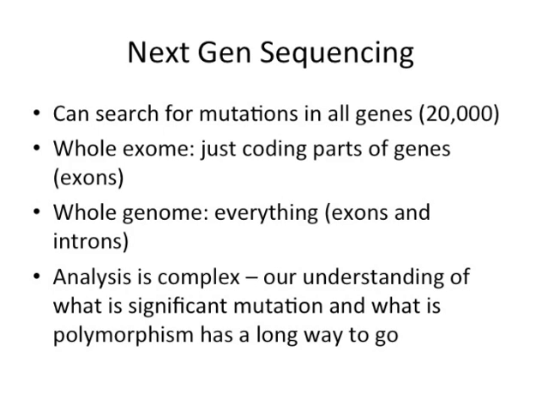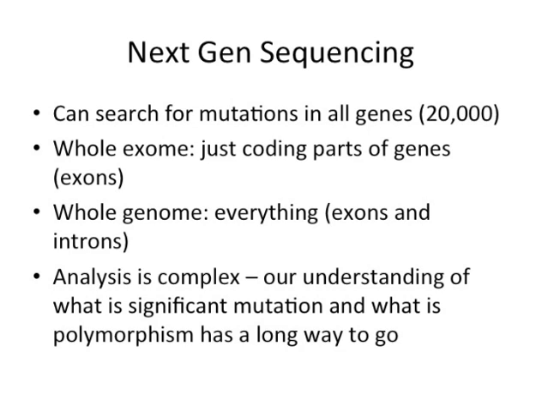Whereas the whole genome is everything, all the exons plus all the stuff in between all those exons, or the introns. But the analysis of this is still extremely complex. And again, our understanding of what's a significant mutation and what is a polymorphism has a long way to go.